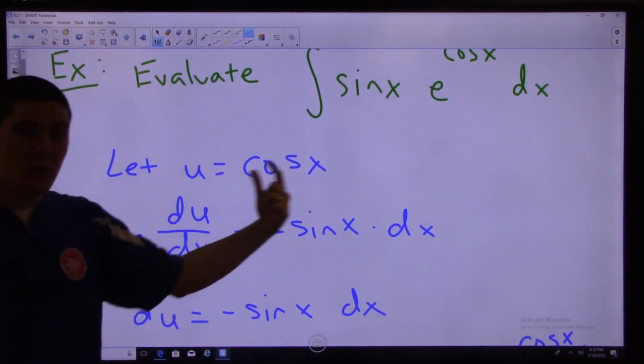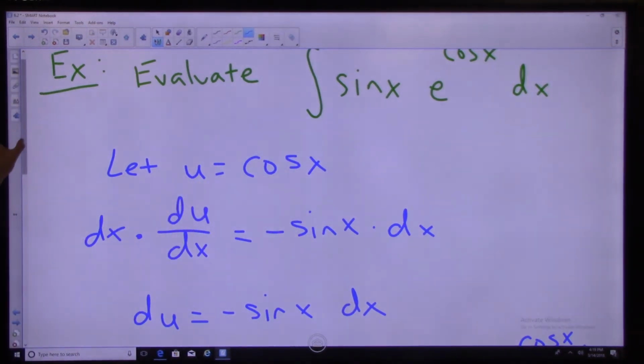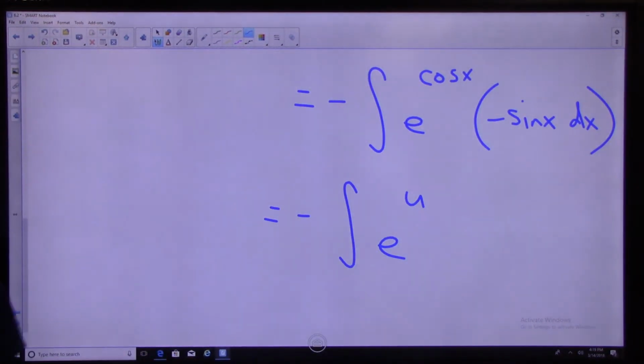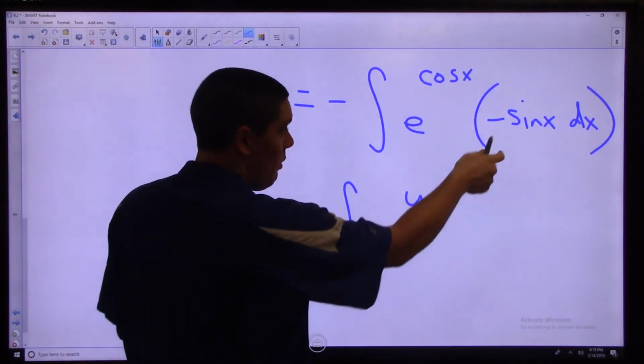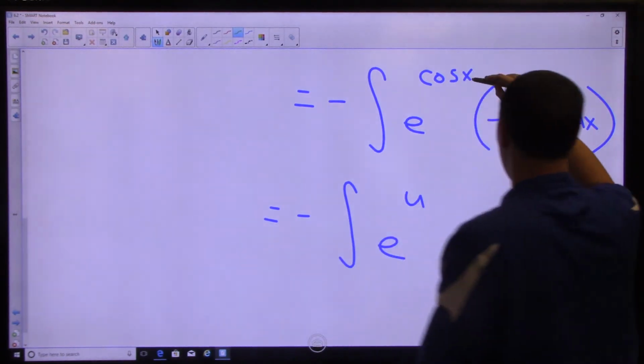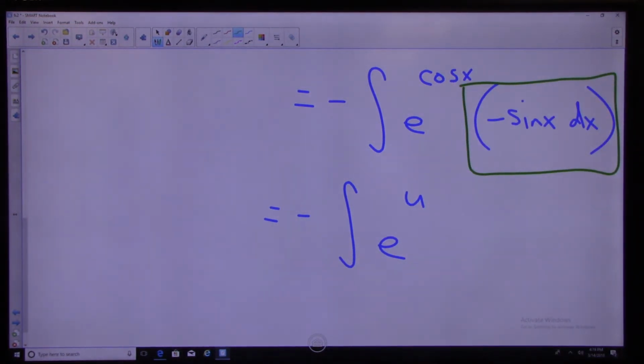So, since we let u equal cosine x, we can replace cosine x with u. So this is going to be e to the u. Let's keep it going. Now, does this look familiar? Let me box this up. I'm pointing to this. Does that look familiar at all? It should.